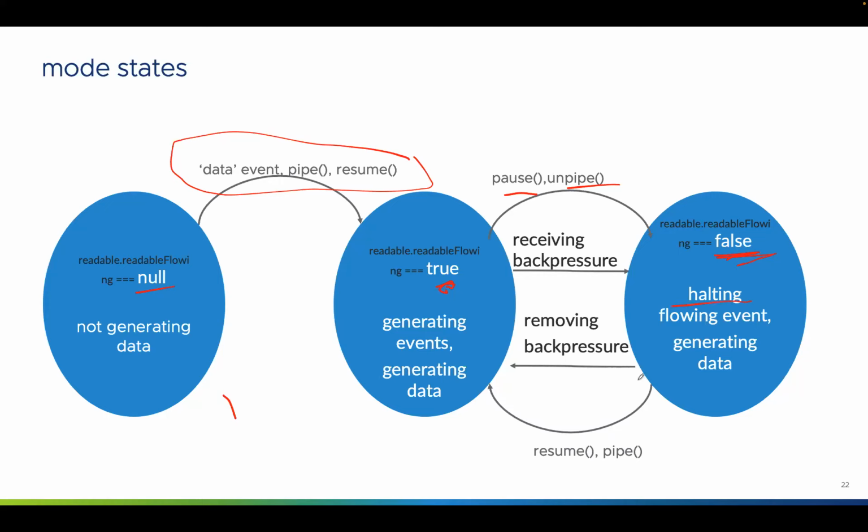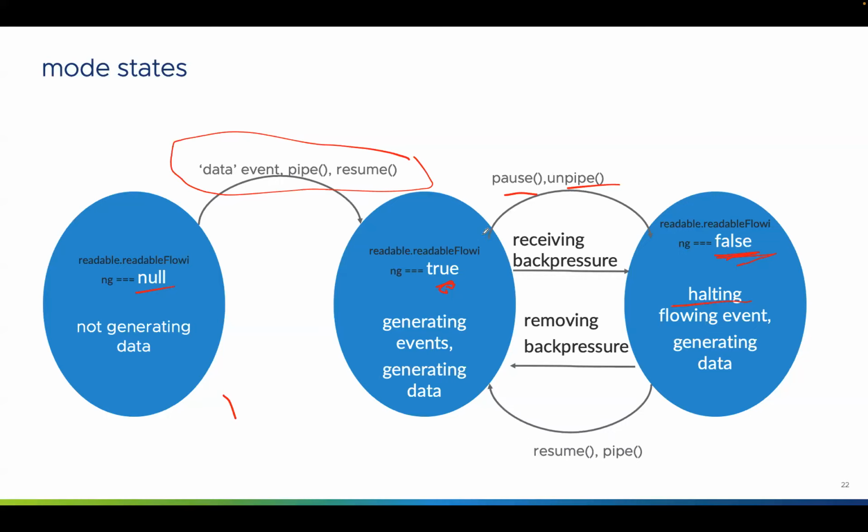Inversely, when the readable stream removes back pressure, it goes back to normal and turns to true, the flowing mode.